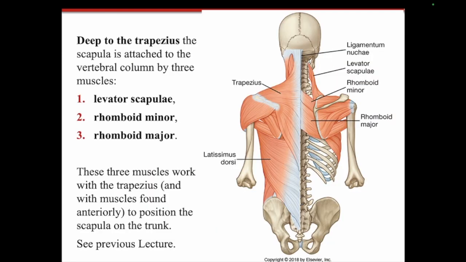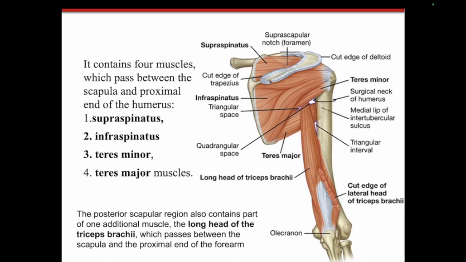Deep to the trapezius, you have the rhomboids minor and major and the levator scapulae, which we already talked about. And then in the posterior scapula, it's very important to understand where you are. You're seeing the patient or the person from behind. You see the spine of the scapula, and you see a supraspinous area and an infraspinous area.